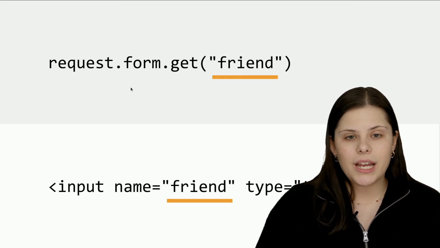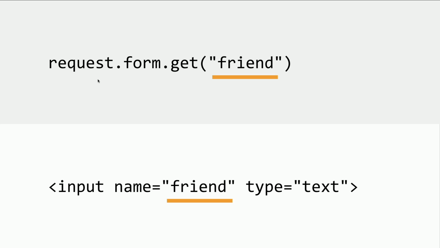The way that we do it is by using request.form.get, and then inside the parentheses specifying the name of the input that you want to grab. For example, in this case, it would be friend. And you can see the top part being the app.py and the bottom part being the HTML tag that we had already pre-created. So that is the grabbing of the value.